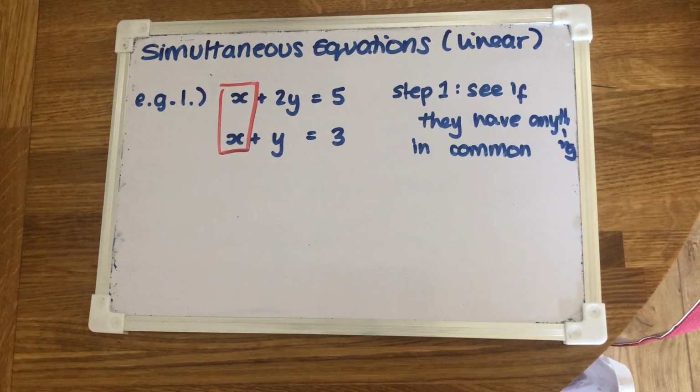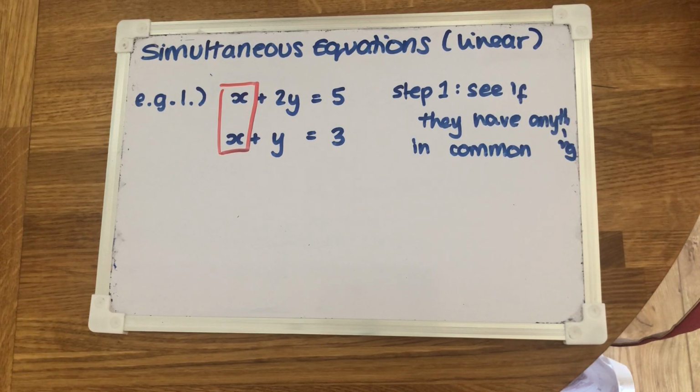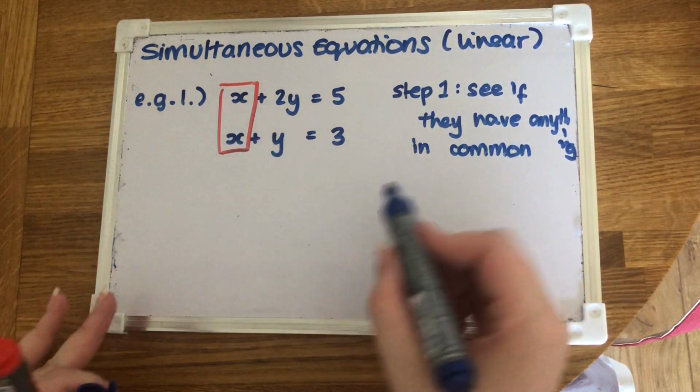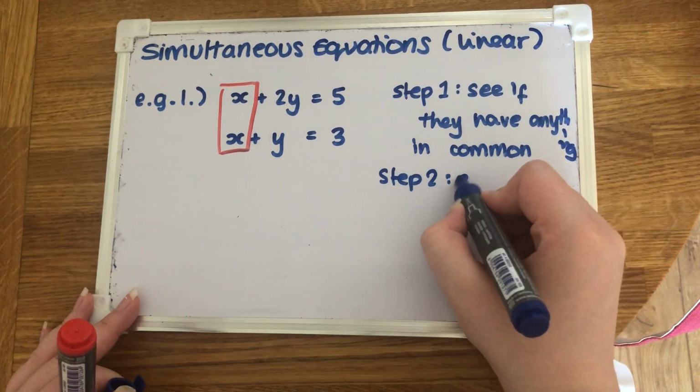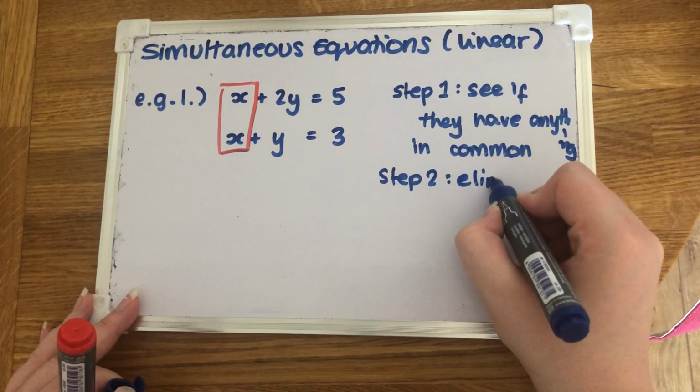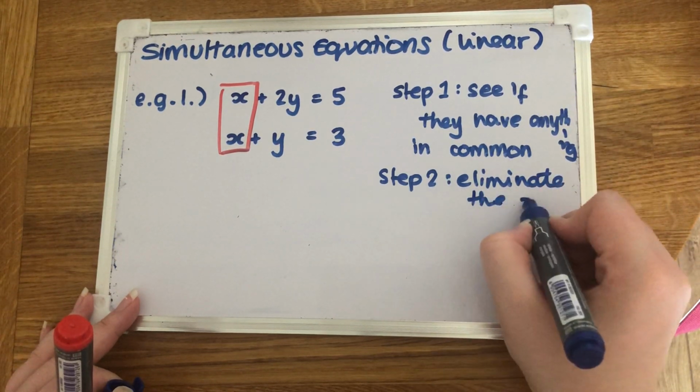Now the reason why we need to see if there's anything in common is because we need to somehow eliminate either the x's or the y's. Okay, because we cannot solve it if it's got both of them in. So because they've got the same number of x's, our step 2 is to eliminate the x's.